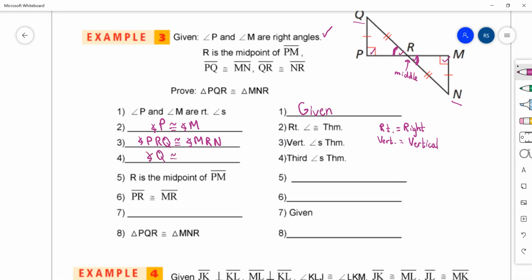Angle Q must be congruent to angle N by the vertical angles theorem. Not vertical, what am I saying? Q must be congruent to N by the third angles theorem. I'm over here losing my mind.